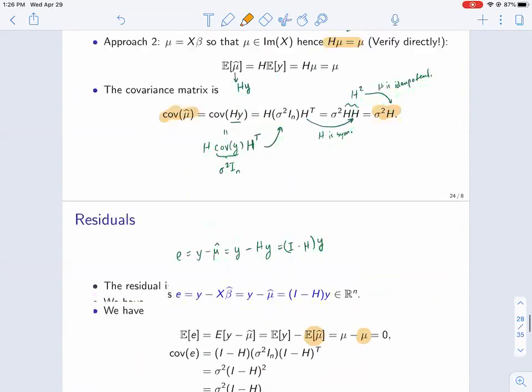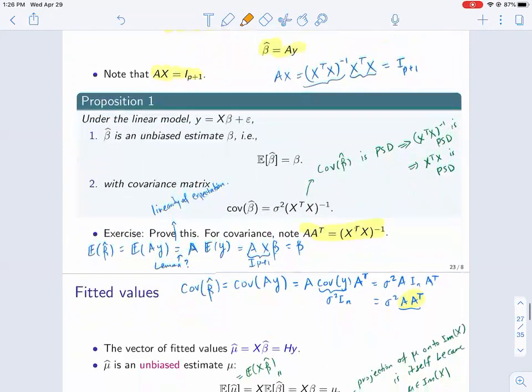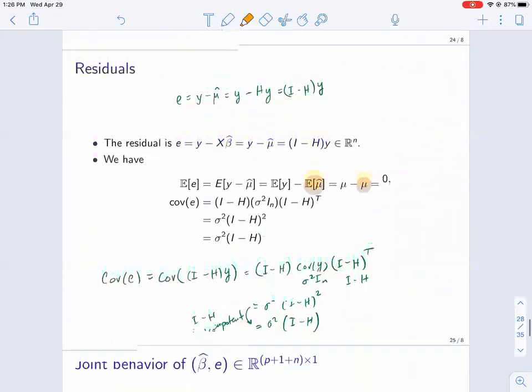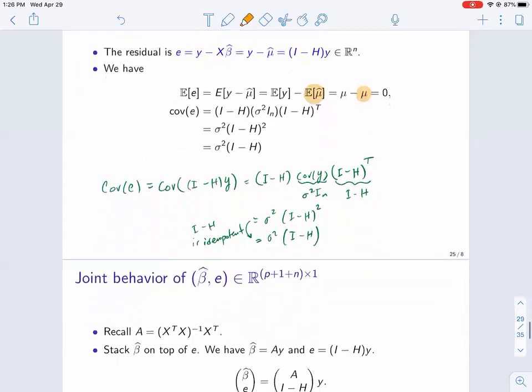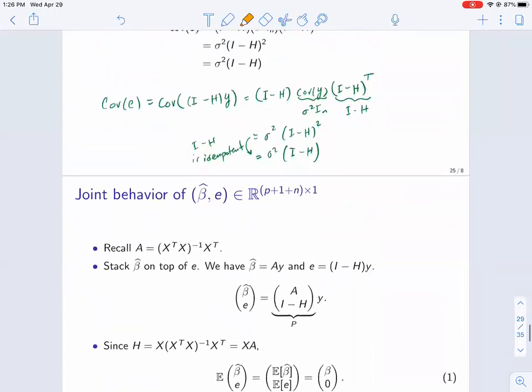Okay, so we have calculated properties for beta hat, mu hat, statistical quantities. What is interesting here, which I'm going to spend some time on, is we can do more. What else can we do? We can actually provide something about the joint distribution of beta hat and E.